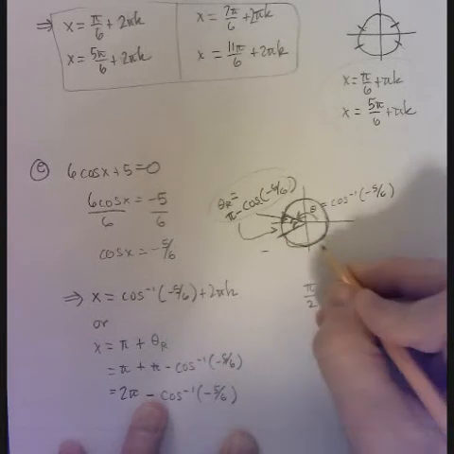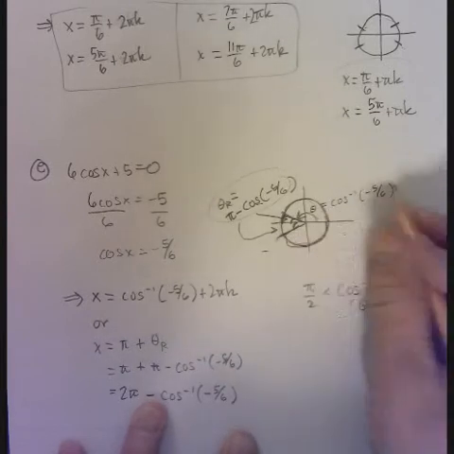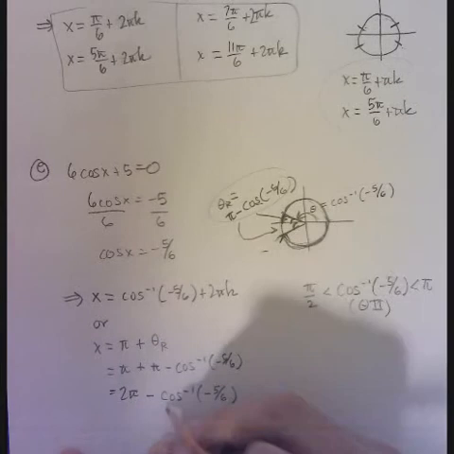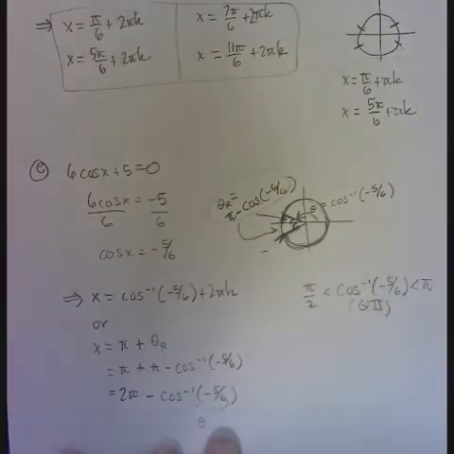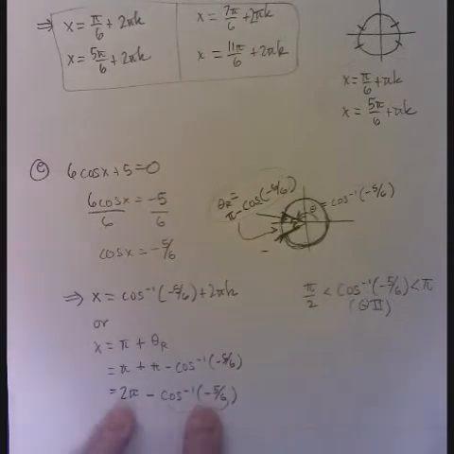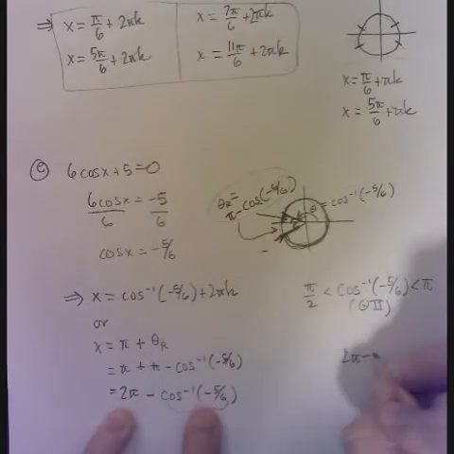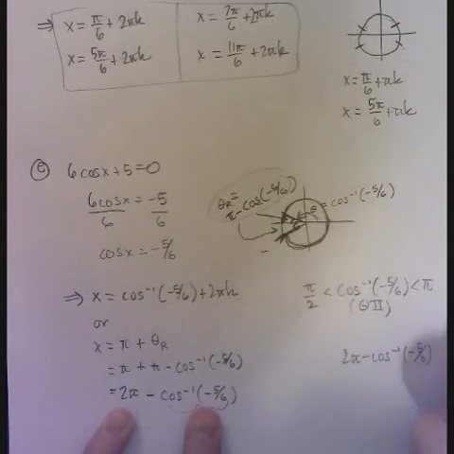If you subtract theta, you're back to where you want to be. So this number here, 2 pi minus cosine inverse of negative 5/6, is in the third quadrant.